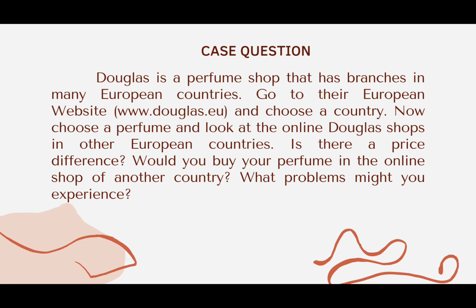Next, we need to select the countries of the Douglas branches. Since Douglas is famous, we expect that this online shop has many branches around the European continent. Among the branches of the Douglas online shop, I chose only three: Germany, Netherlands, and Romania.